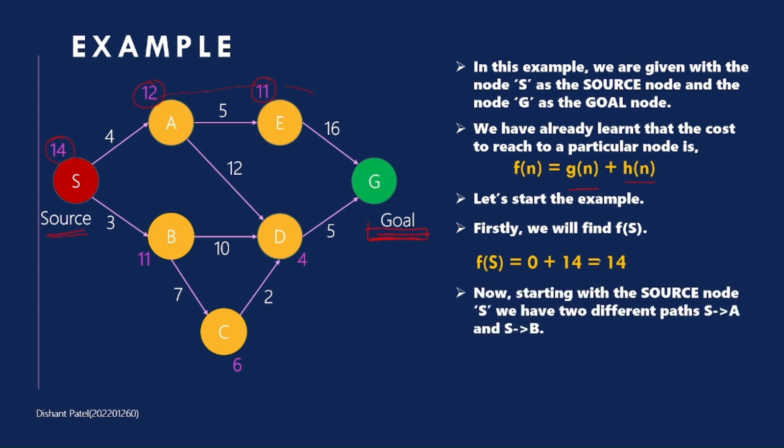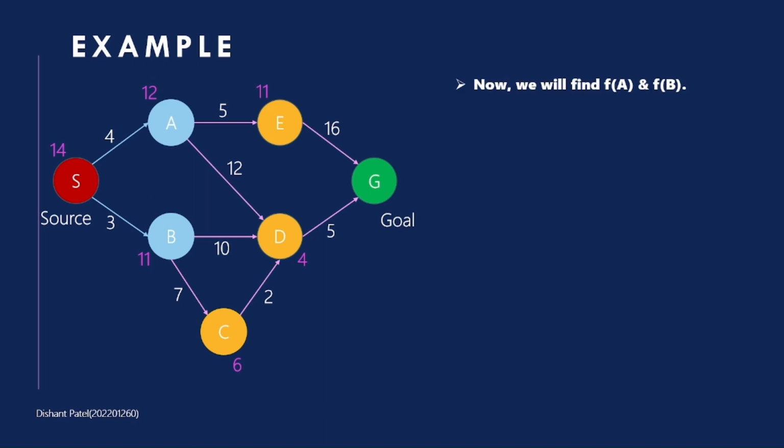Now, starting with the source node, we have two different paths, S to A and S to B. Now we will find f of A and f of B. f of A is g of A, the actual value required to reach node A, that is 4, plus the estimated heuristic value, that is 12.